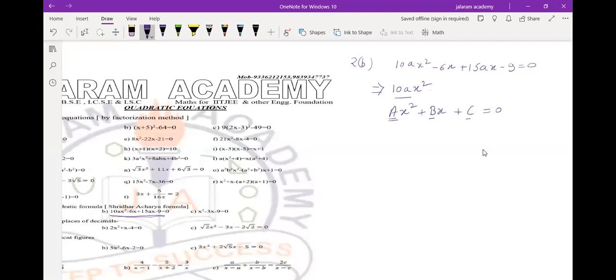Now in the next two terms, we have to take x common to represent it in the form bx. Is that clear to you? If we take x common, it is minus 6 plus 15a, but if we write the positive first, it is 15a minus 6 into x minus 9 equals 0. Understood?